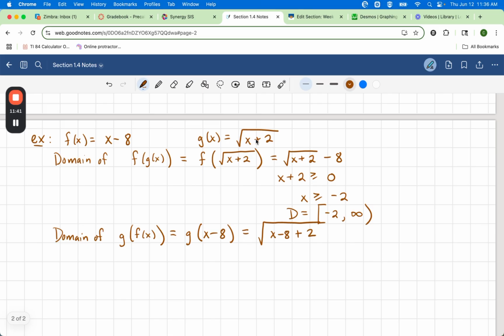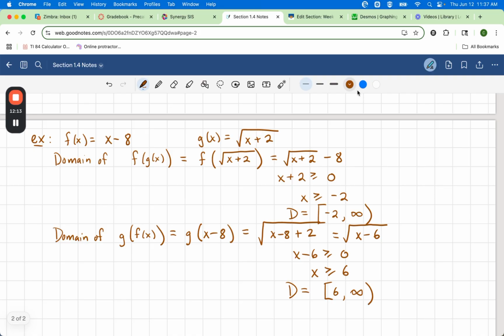So x minus 8 plus 2, that's radical x minus 6. All right, so then I have to do x minus 6 is greater than or equal to 0, because I can't square root negatives. x is greater than or equal to 6, so therefore my domain is going to be 6 to infinity. Alrighty.